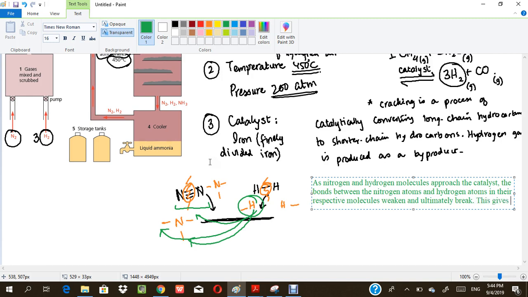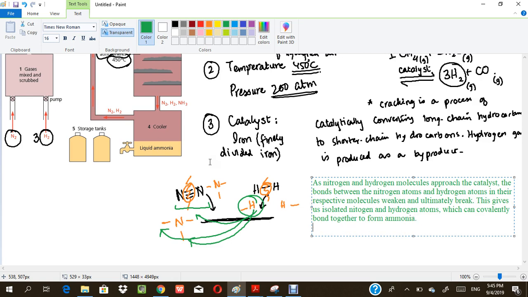This gives us isolated nitrogen and hydrogen atoms which can covalently bond together to form ammonia.